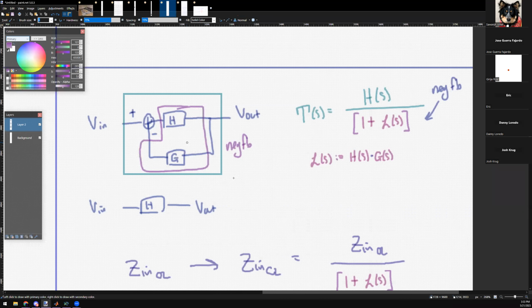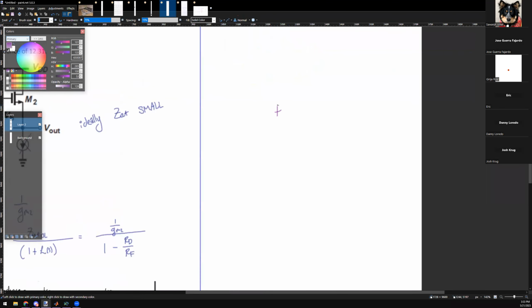Okay. So let's suppose I have a positive feedback circuit, and I'm going to call this A, and I'm going to call this B. And everything looks amazing. It looks so good, except it's positive feedback, right? It's like a 10 out of 10, but it's positive feedback.